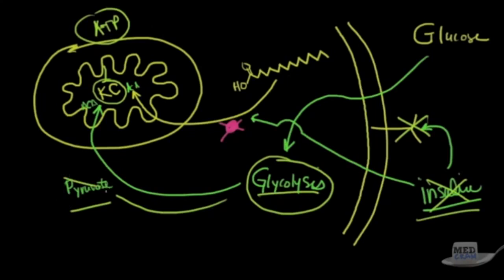There is no glycolysis. There is no pyruvate. This mode of energy source is cut off. Similarly, insulin is no longer available to prevent beta oxidation.